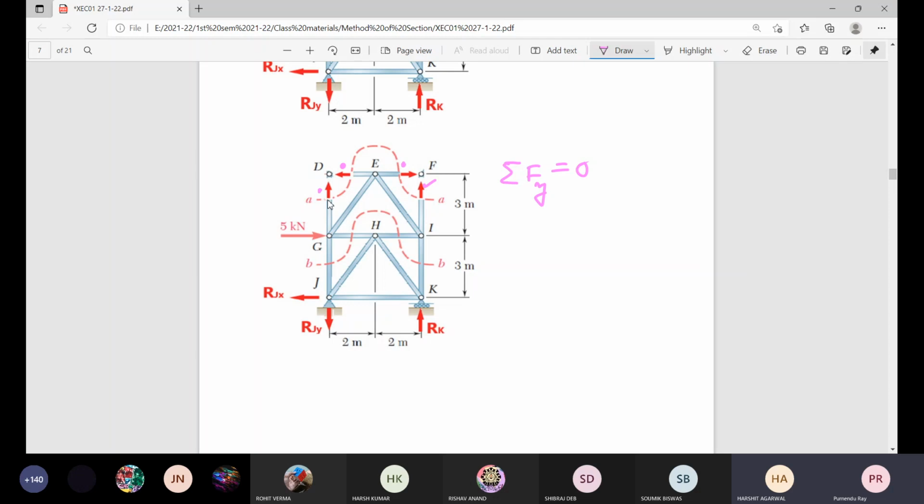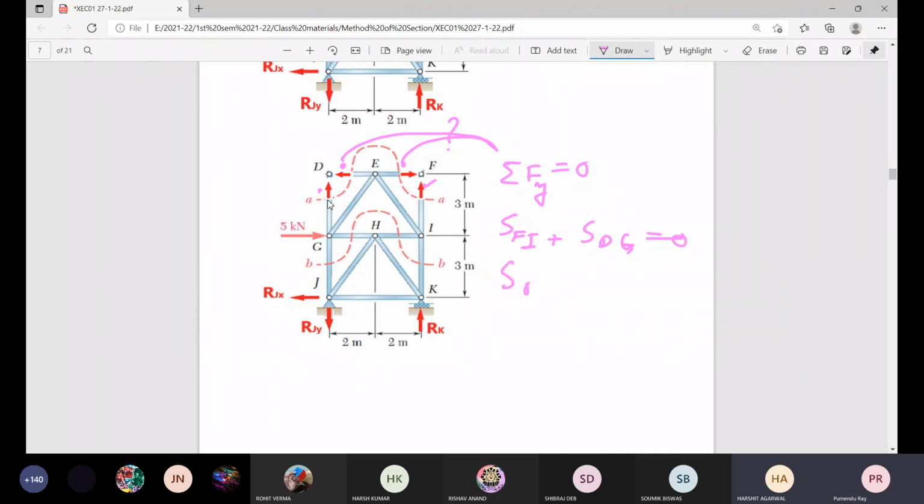Now is there any contribution from these two horizontal forces? No, sir. So only this sigma Fi plus sigma Dg is equal to 0. So sorry, not sigma Fi, this is Sfi plus Sdg, that is equal to 0.